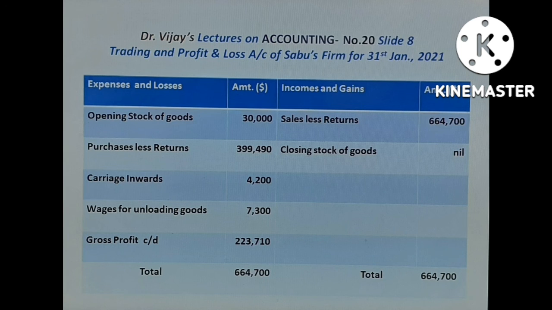Then carriage inwards and wages for unloading goods. Carriage inwards and wages are direct expenses of purchase of goods. On the credit side, sales minus sales returns 6,64,700. Closing stock of goods is nil. Nothing is said about closing stock, so we will take it as nil. Therefore, trading account total is 6,64,700 and gross profit is 2,23,710.